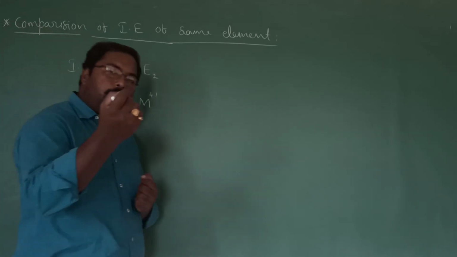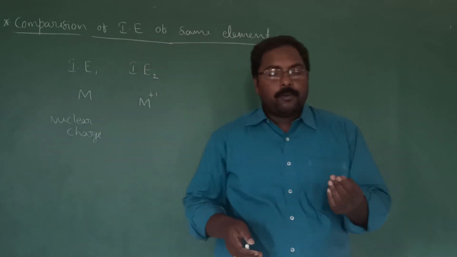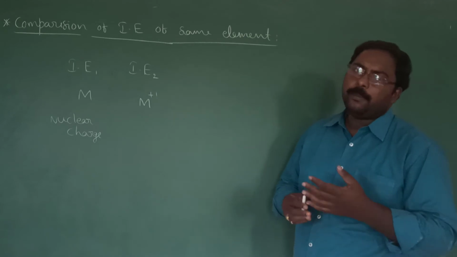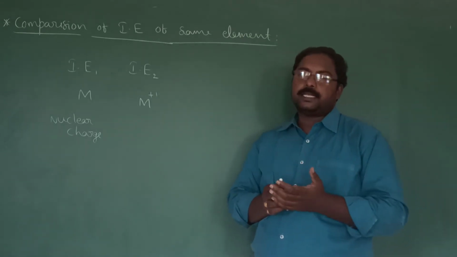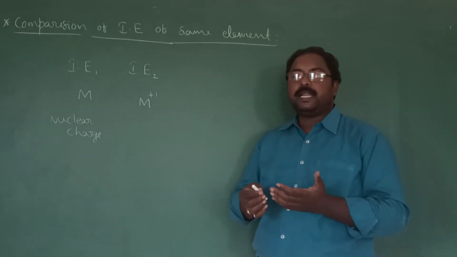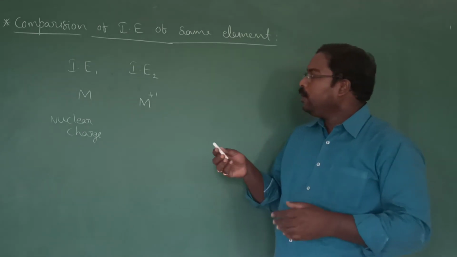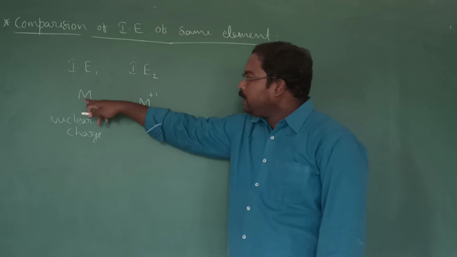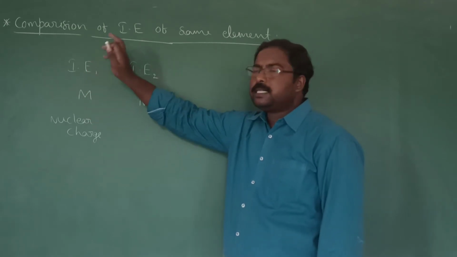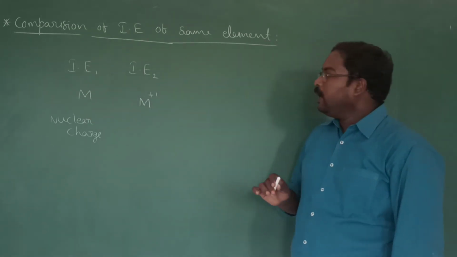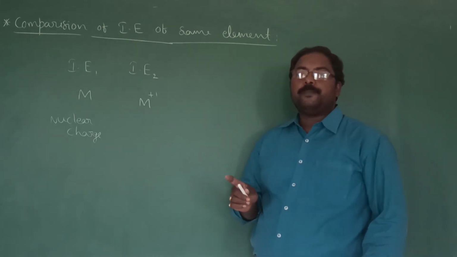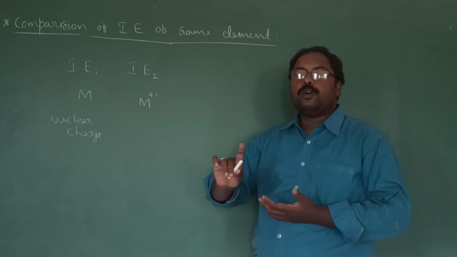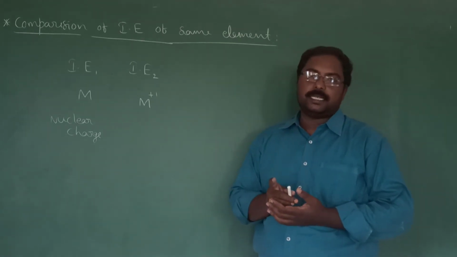For example, an element has 10 protons in the nucleus, so it will have some nuclear charge and hold the electrons with it. The amount of energy required to remove one electron is the first ionization energy. Now our question is, to remove one more electron, whether it requires more energy or less energy.